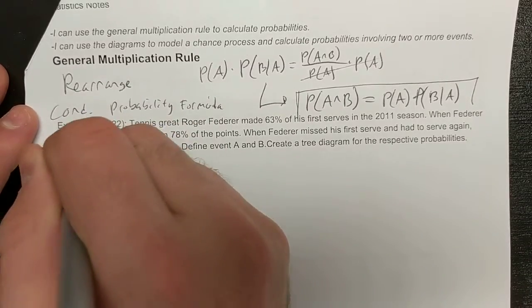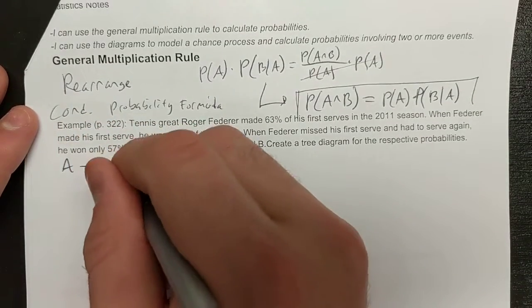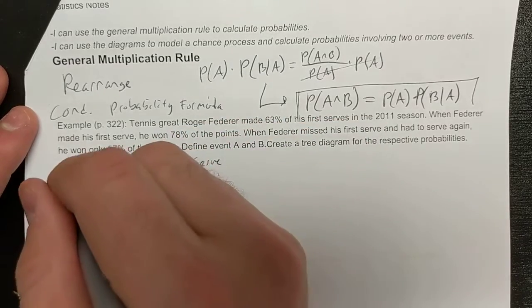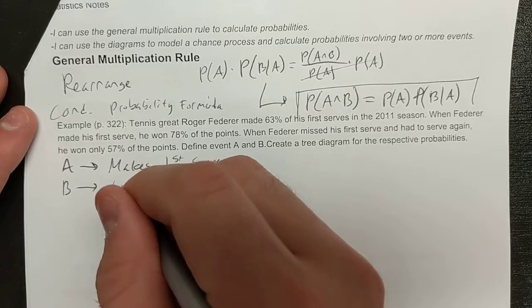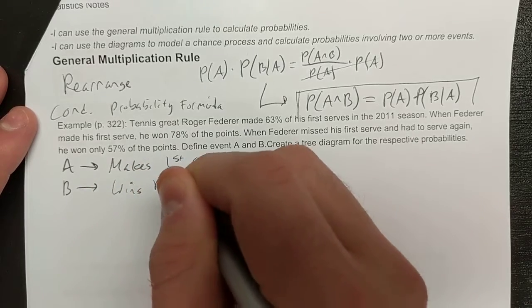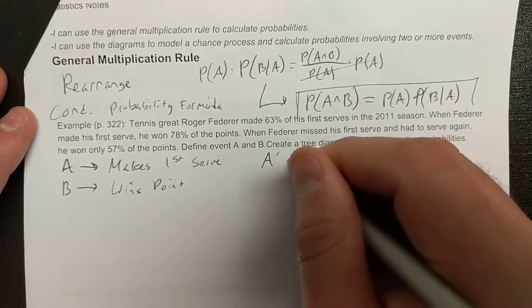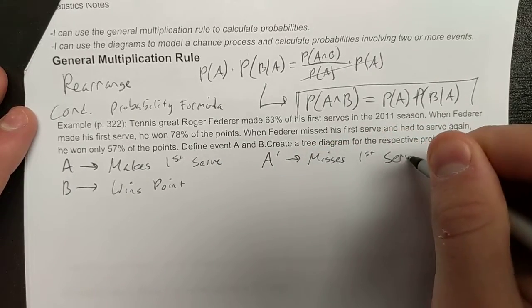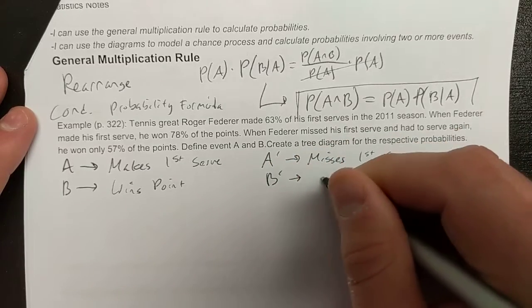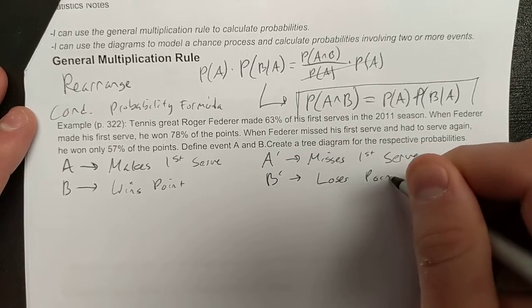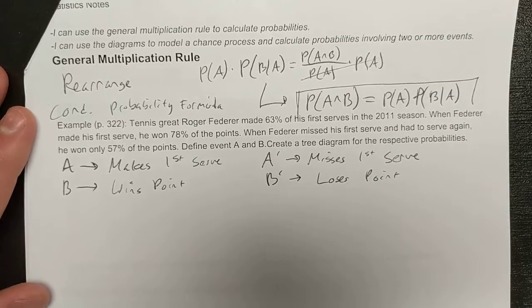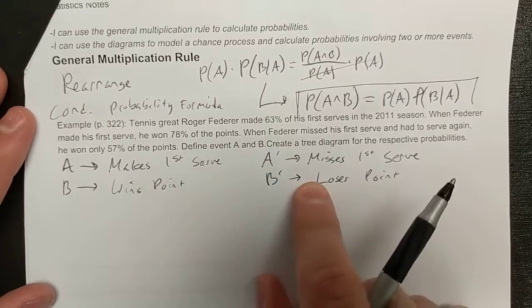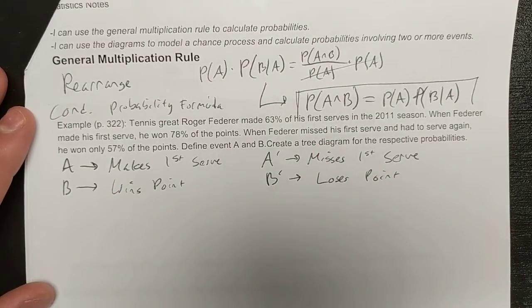So we'll make A, the first thing that happens, makes first serve. Then we'll make B, wins point. So that makes the complement of A, misses first serve, and B complement, loses point. And because they give us probabilities for B or B complement depending on A, this is a conditional probability setting.